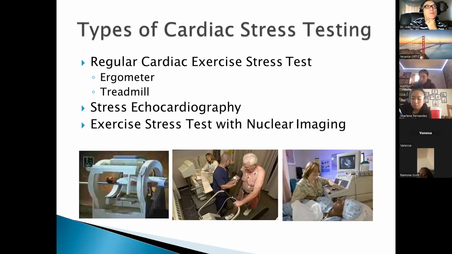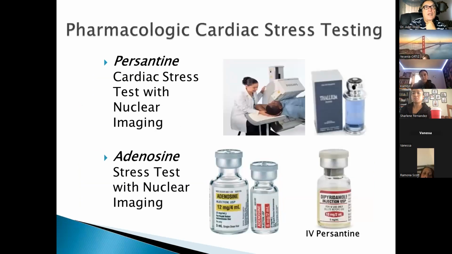Like we mentioned, we have two types of stress test. One is by treadmill, which is very common to all of us, which we call the regular cardiac exercise stress test. Or we have another one with nuclear imaging, and also stress test with echocardiography. Here is a very important subject.